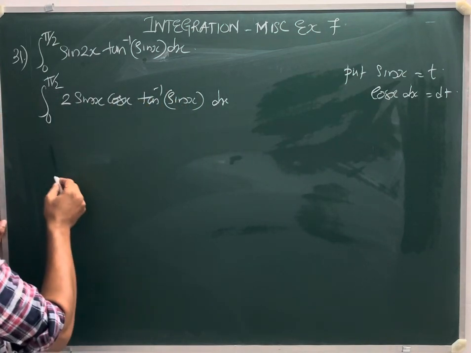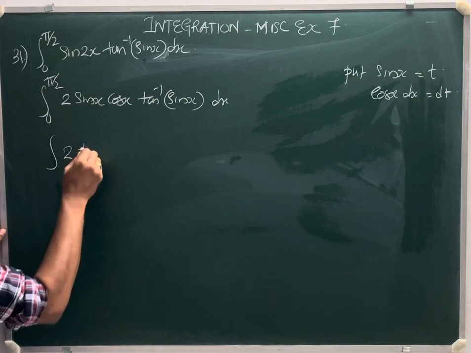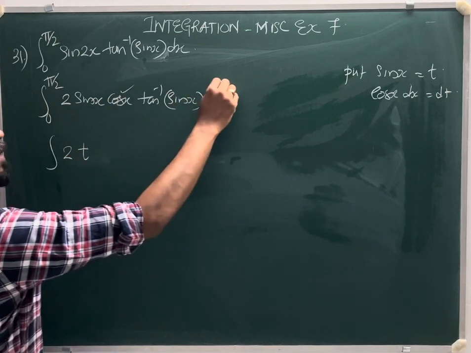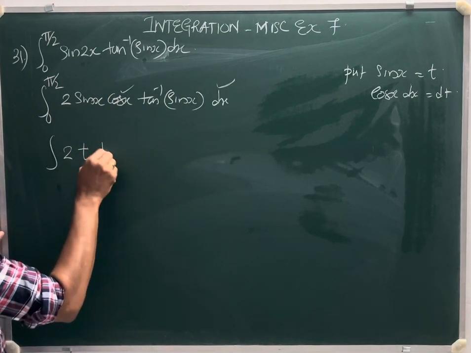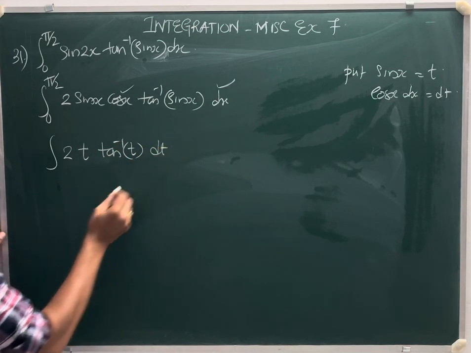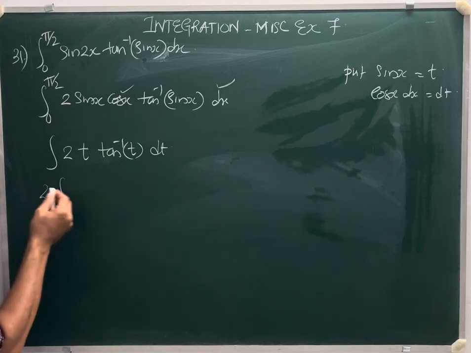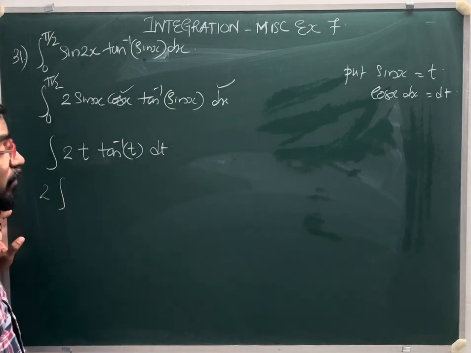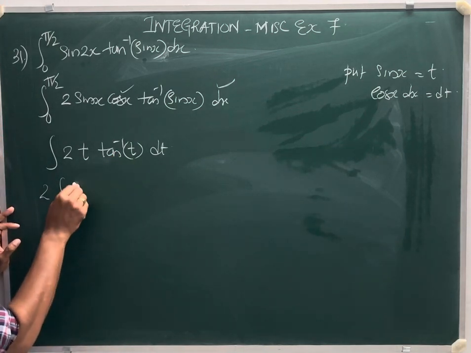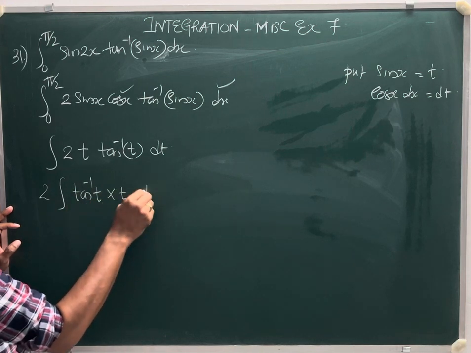Now this will become integral of 2 sin x, I will put 2t, and cos x dx will become dt, tan inverse t dt. Now I will do integration by parts. When I do integration by parts, the inverse function should be first. So I will write tan inverse t into t dt.